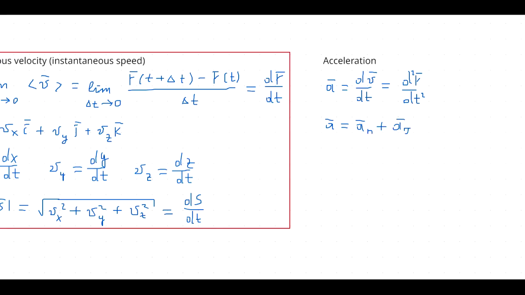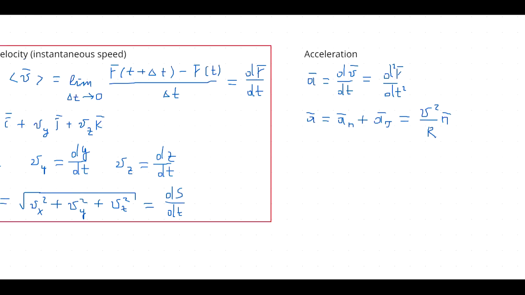How to do this? We can do this in the next way. a n is v to the power of 2 divided by r, multiplied by n.